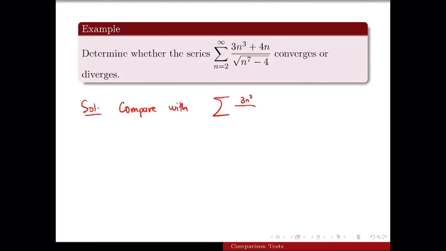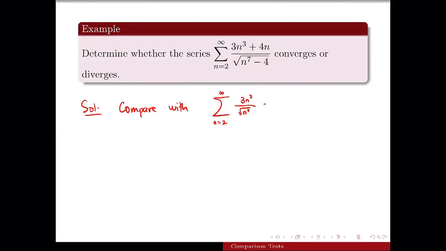On the denominator, you do the same thing. You get the term that contributes the largest. Here you have n to the 7 minus 4. Of course, this 4 is just a constant. So you use this n to the 7. But since there is a square root here, you also include that square root. So square root of n to the 7. And then, of course, the series starts from 2 to plus infinity.